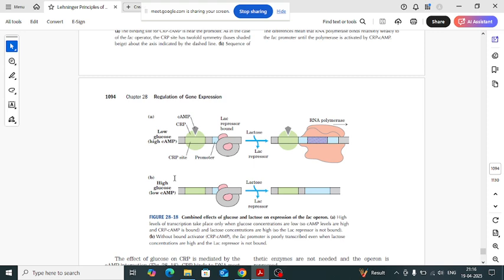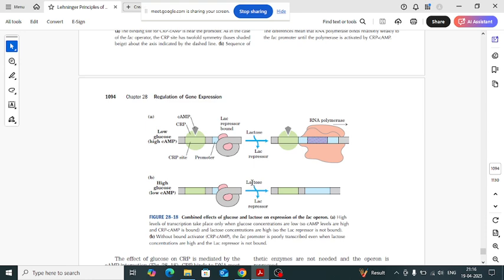So at the CRP site there will be no CRP, because when cyclic AMP binds to the CRP, then only it can bind to the CRP binding site, which is upstream to the promoter. But when there is no cyclic AMP, the CRP on its own cannot bind to the CRP site, right? So the CRP site will be vacant.